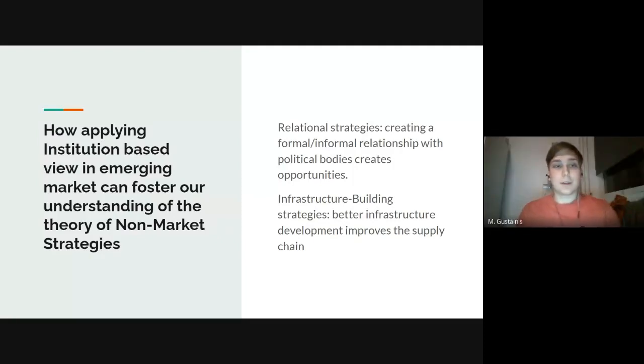Yes, thank you. Okay, now I will continue and talk about the application of these emerging markets and how they can be used in real life. So when it comes to relational strategies, as my partner said, creating a formal and informal relationship usually helps. In the case of China and very often Middle Eastern countries, creating a bond is not only important but sometimes necessary.